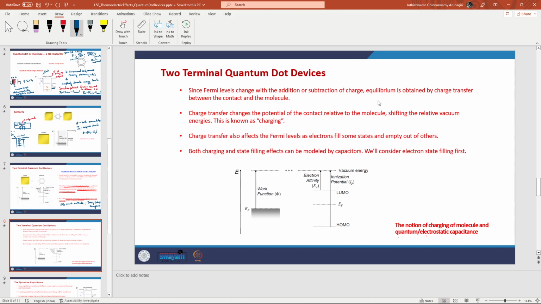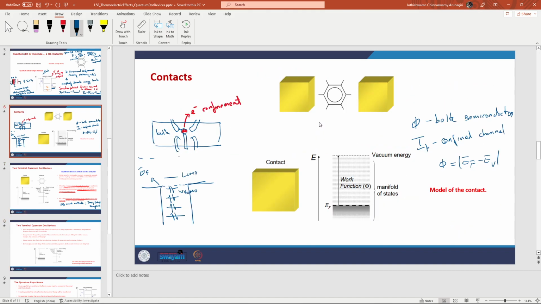So essentially, depending on the position of the Fermi levels and the initial content. Oh yes, please. I am sorry, I should have made a clarification. Previously, it is also possible that this quantum dot, by virtue of its construction, can already have some electrons in it.